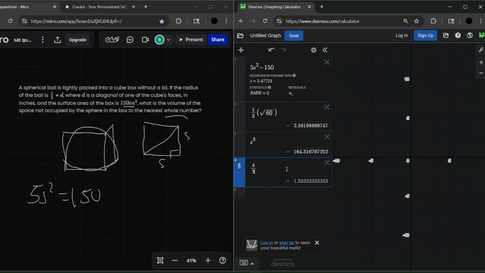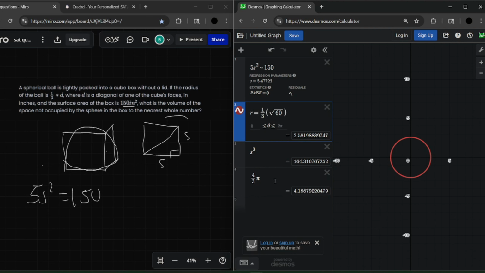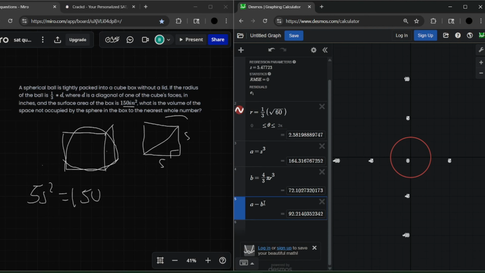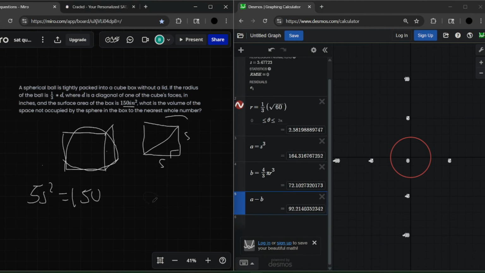And now we're going to do 4/3 pi, and we can just set this equal to r, right? So r is equal to that, r cubed, and you get this. So now I could set this equal to a, and I can set this equal to b, and we're just going to do a minus b, and we get 92 as our answer.